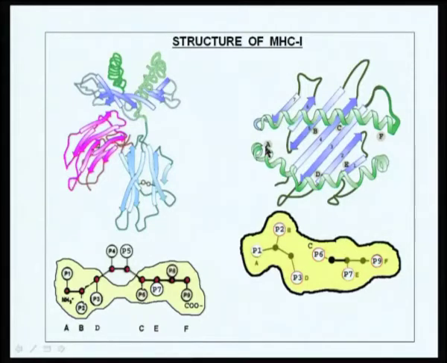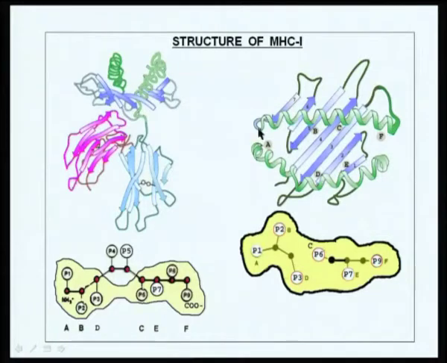Now, why is it that the MHC1 did not succeed in equilibrium dialysis experiments? The reason being, the difference between the MHC1 and the MHC2 molecule is in how these alpha helices are arranged. In the MHC2 molecule, these two alpha helices are said to be open.